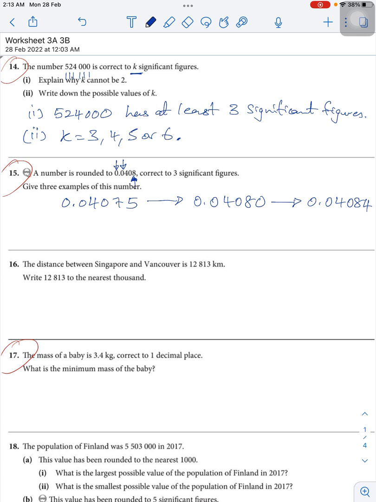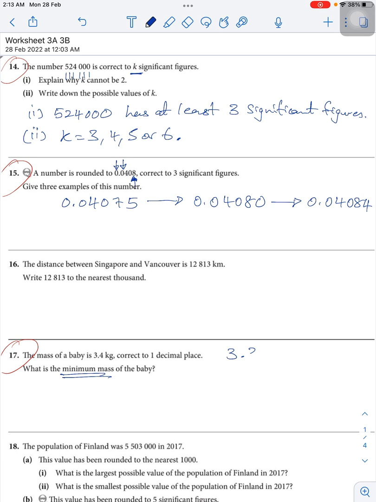Let's look at question number 17. The mass of a baby is 3.4 kg, corrected to 1 decimal place. So what is the minimum? The minimum means it should be less than 3.4, but when it's rounded to 1 decimal place, it should come up to 3.4.